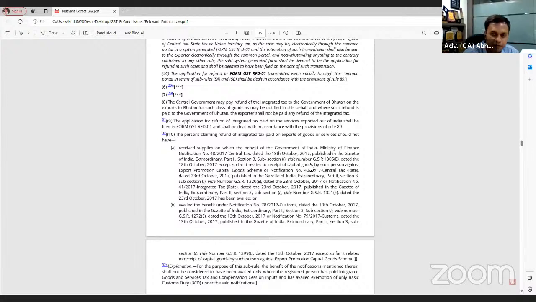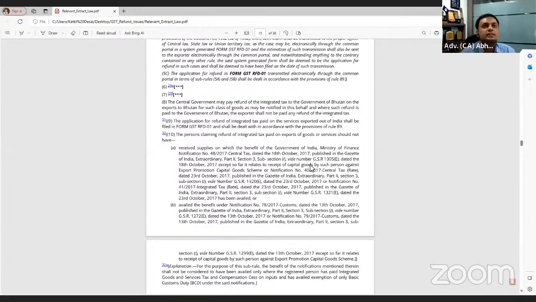That is, the amendment happened on 13th October 2017, whereby over and above the exemption from duties of customs, an additional exemption is also available from IGST, which is leviable under the Customs Tariff Act, when a person imports the goods under this particular notification. That is, either under an advance license a person is making imports, or as an EOU a person is making the imports.